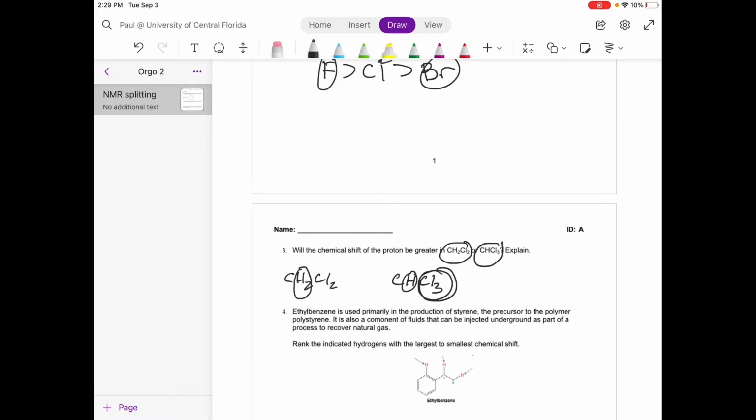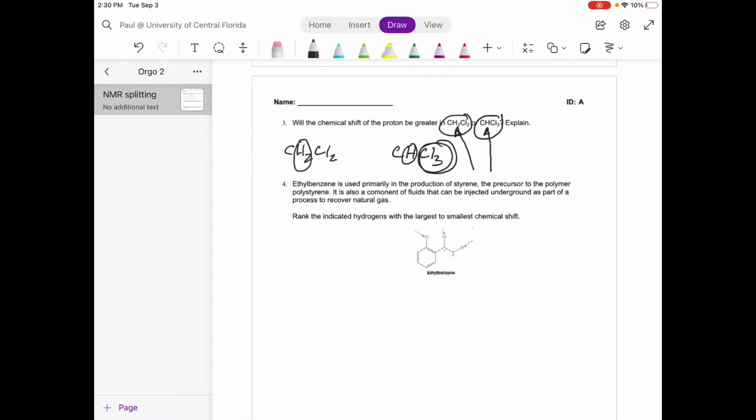So 3 chlorines are going to have a stronger inductive effect than 2. So between those 2 molecules, you would expect this proton right here to have a larger chemical shift, a larger parts per million, and would be further downfield than those 2 equivalent protons right there.